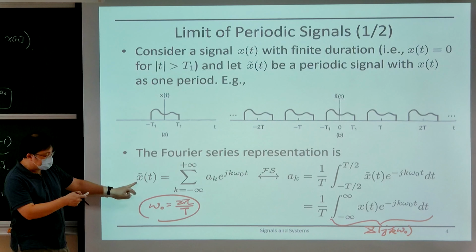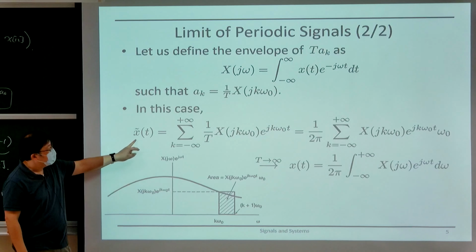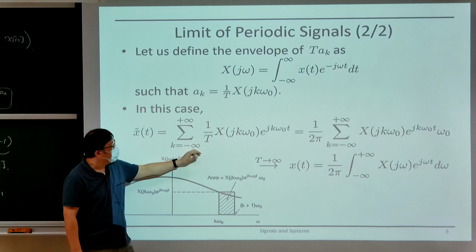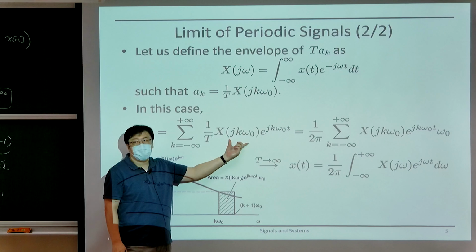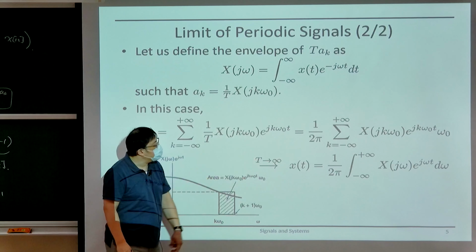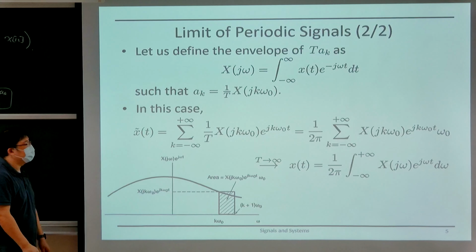So therefore, x tilde of t, you can write as the summation of a_k, which is 1 over T times capital X of j k omega naught, times e to the j k omega naught t.